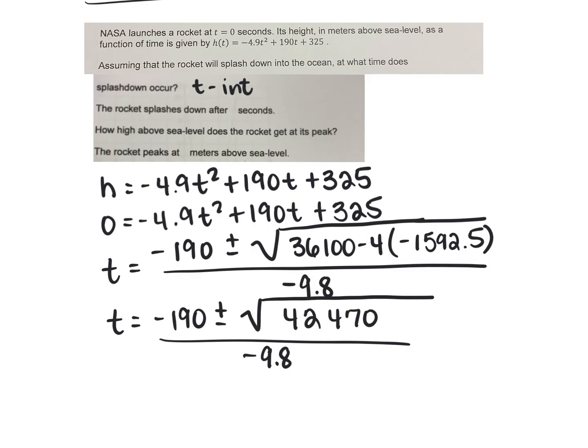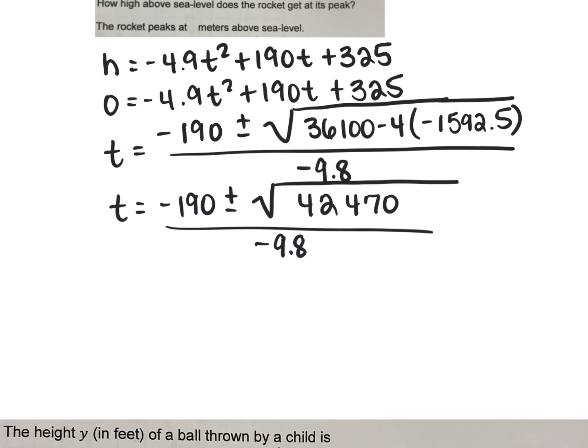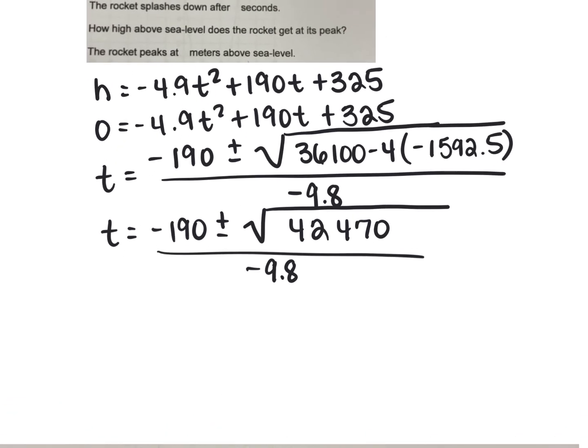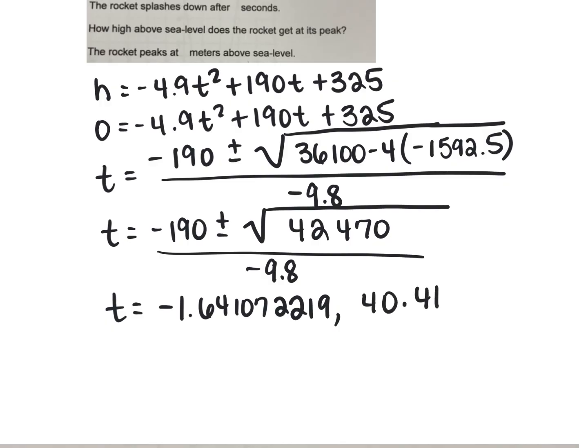At this point, obviously, there's going to be decimals that go along with this. So we're just going to do the final answer, go through and do all these individual calculations, and you'll end up with negative 1.641072219, and the other answer is equal to 40.41658242.